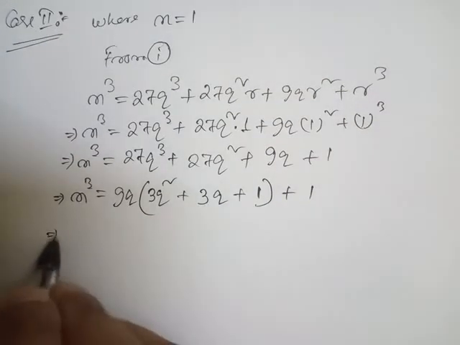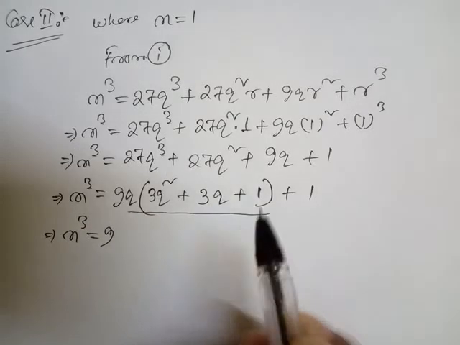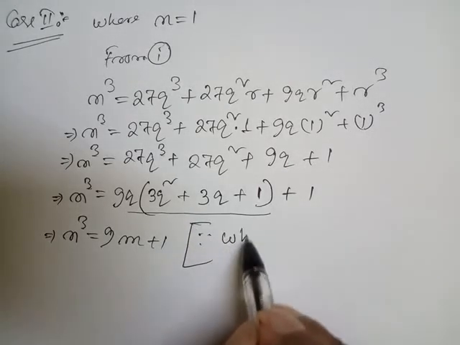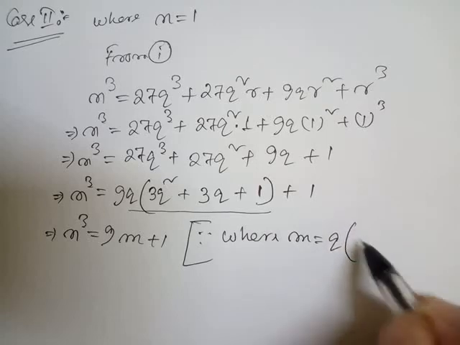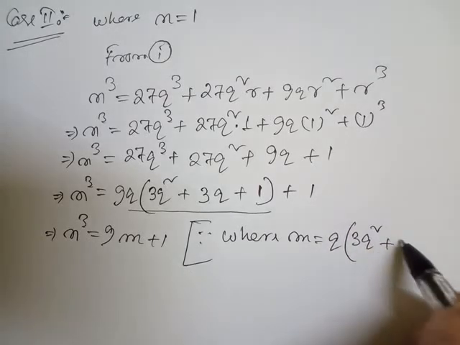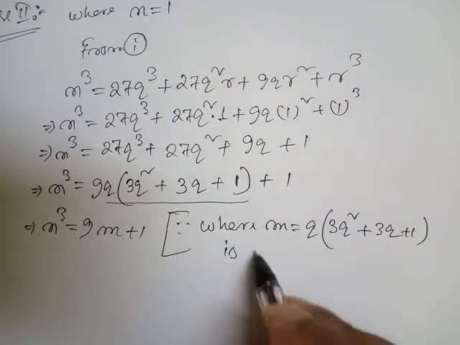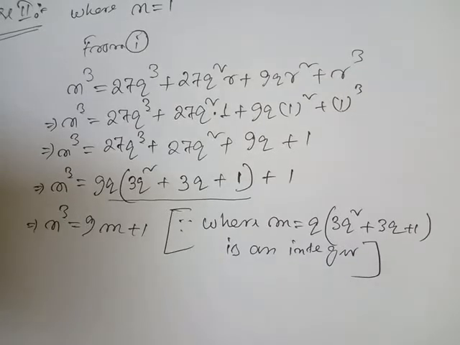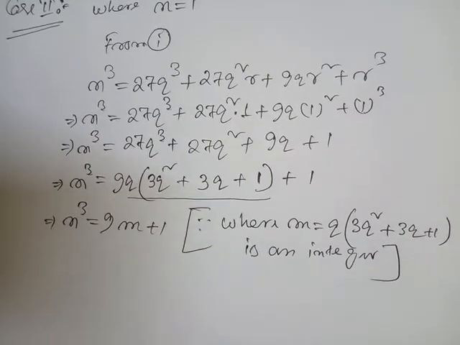Now in the next step, students will write that n cube equal to 9, and this value becomes m, plus 1. We'll write here that where m equal to q cube plus 3q square plus 3q plus 1 is an integer. So our second case is also satisfied. This is 9m plus 1.